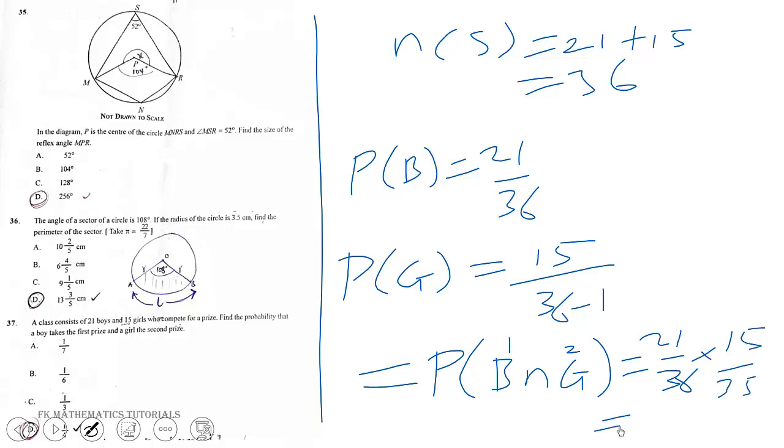So this will give you 1 over 4, which is option D. An arc of a circle of radius 7 centimeters is 14 centimeters long. What angle does the arc subtend at the center of the circle?